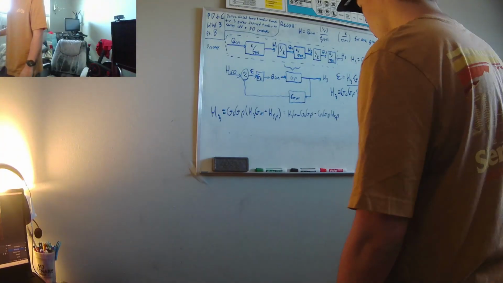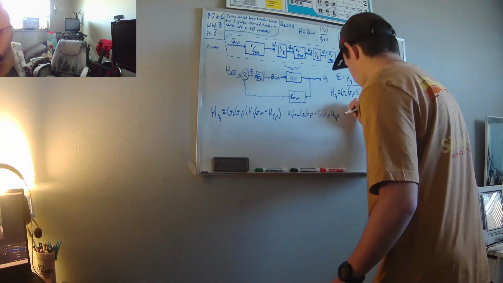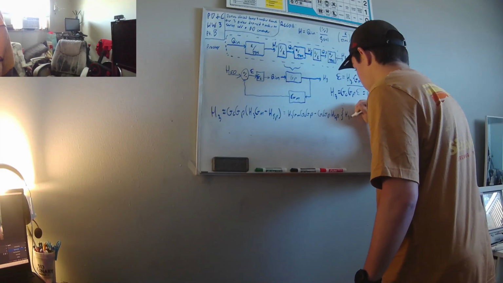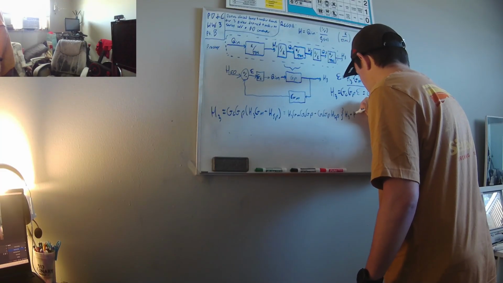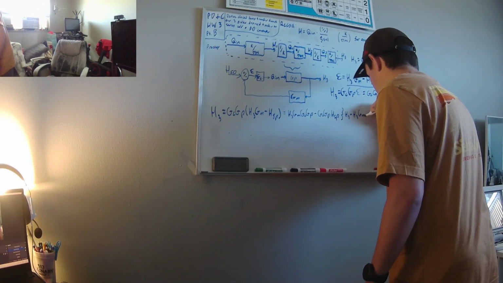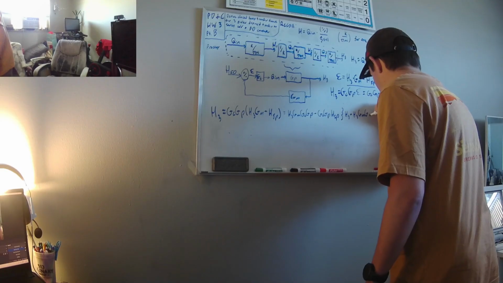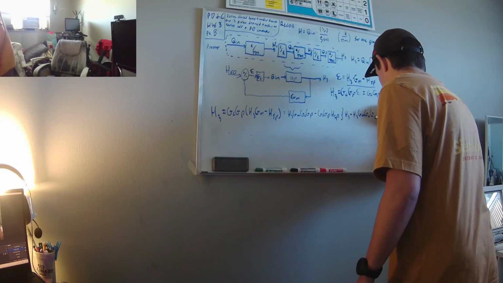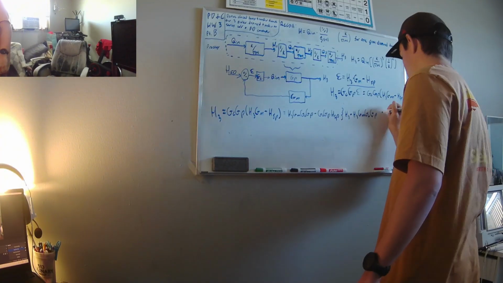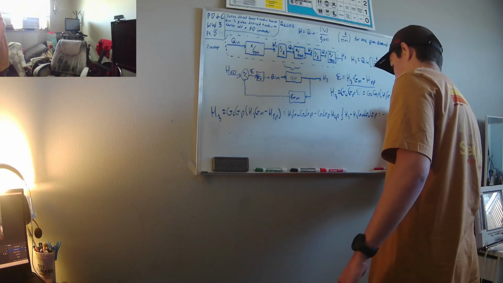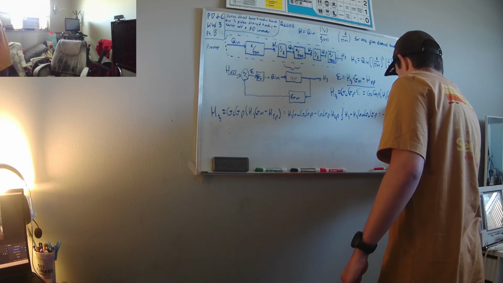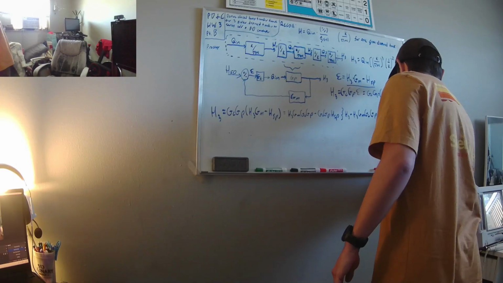Then, if we bring this over to the other side, we can get an H3 minus H3 GM GC GP equal negative GC GP HSP.